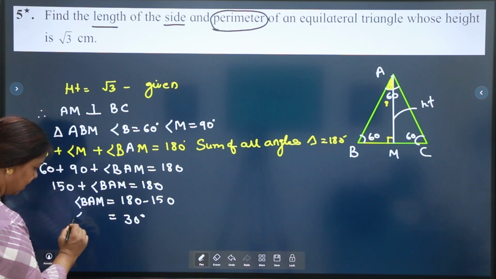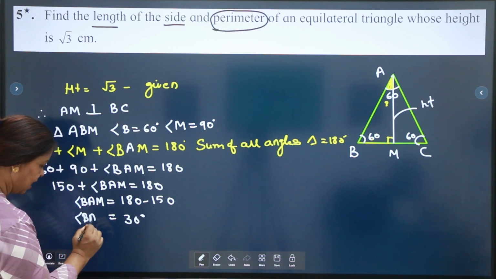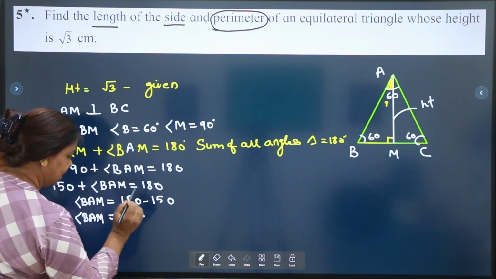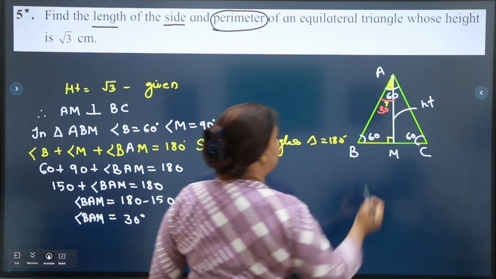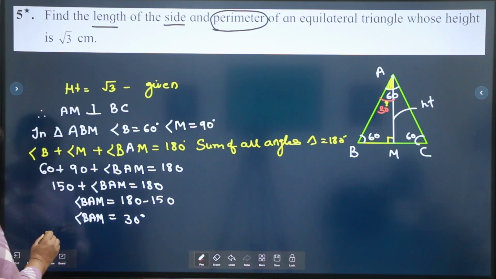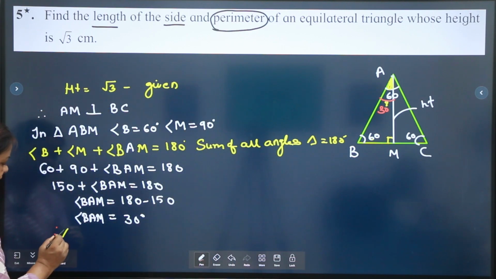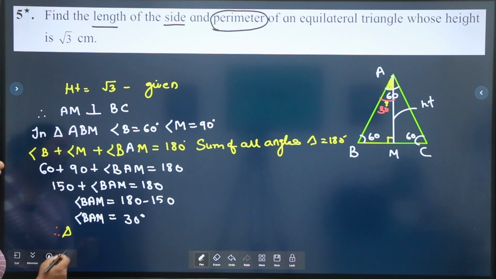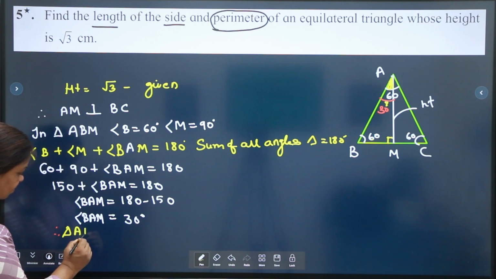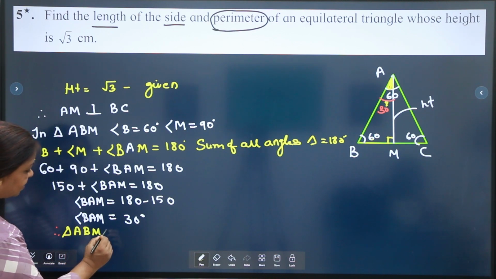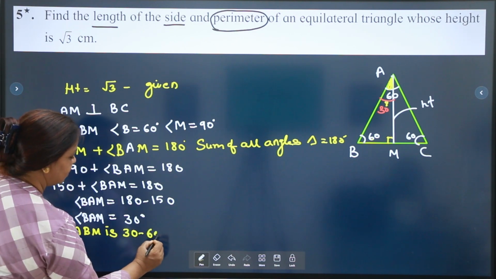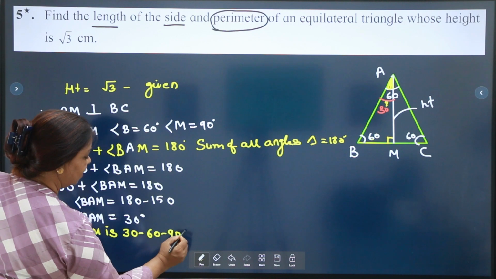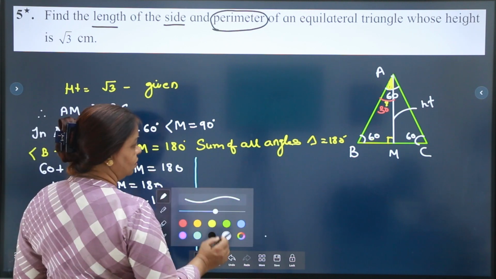So we got angle BAM as 30 degree. So this triangle is a 30, 60, 90 triangle. Therefore, triangle ABM is a 30, 60 and 90 triangle.